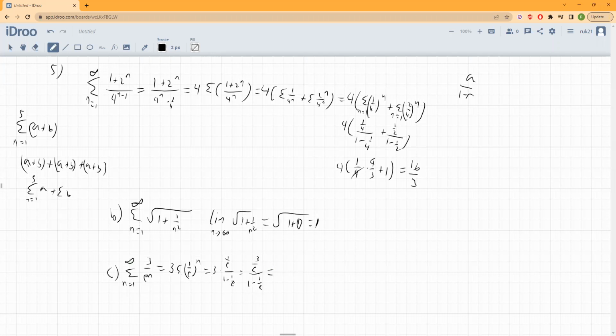And then if you simplify it, what are we going to get? We're going to get 3 over e, over e minus 1 over e. So these things cancel out, and it's going to be 3 over e minus 1. So this is what it converges to. Cool. Let's go into the next question.